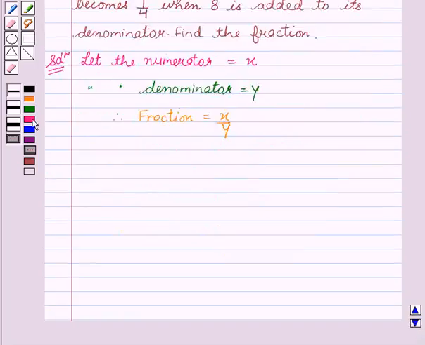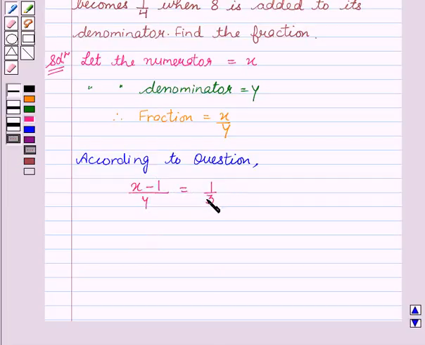Now, according to the question, we see that when 1 is subtracted from the numerator, that is x minus 1, then our fraction reduces to 1 upon 3.